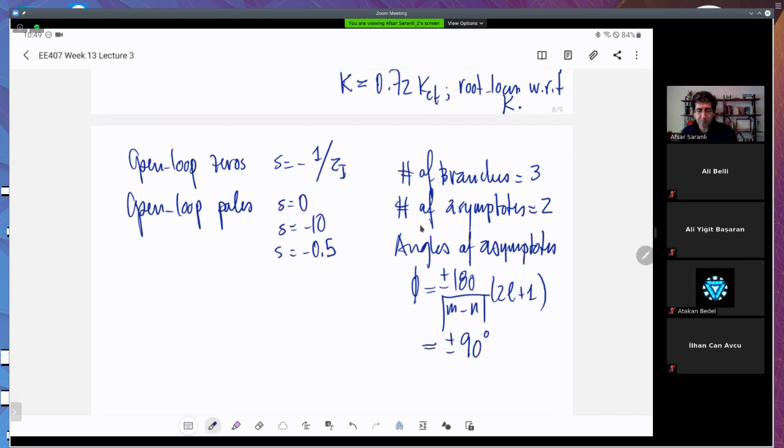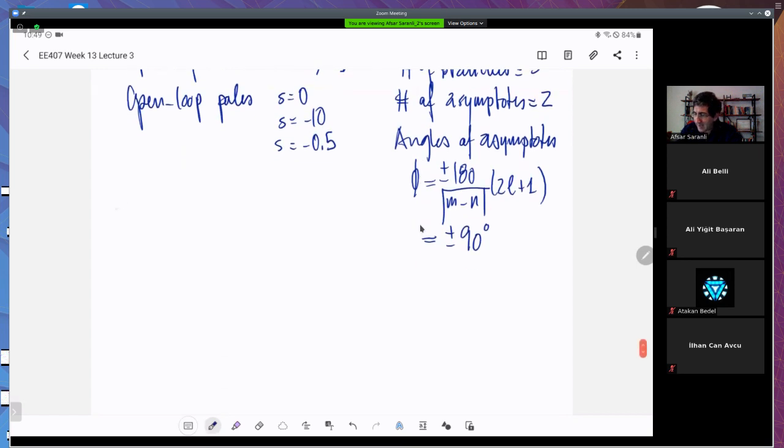Okay, so let's take a look at the first case, A, where our tau I is equal to 0.05 seconds. In this case, s is equal to minus 1 over tau I, which is equal to minus 20. Okay, so this is our zero location.